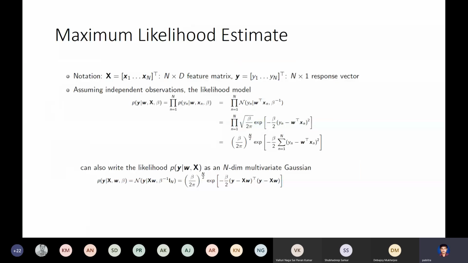The model is very simple, Wtx plus epsilon. And if it is so, then we can straightforwardly see that this is the distribution of y. So in this so-called linear regression model, what are the parameters of the model? Let us come back to the expression.